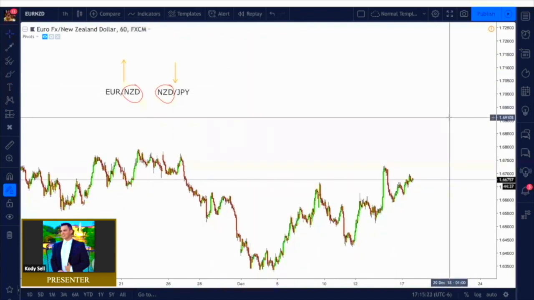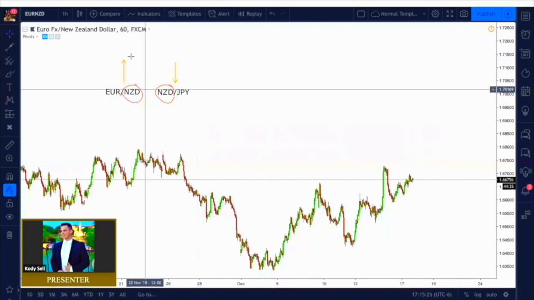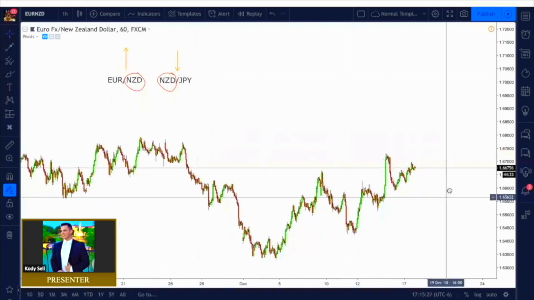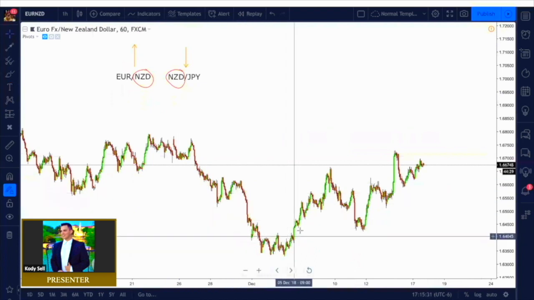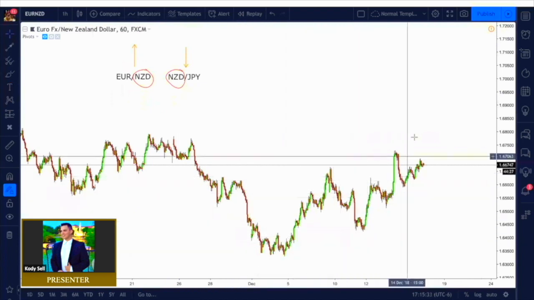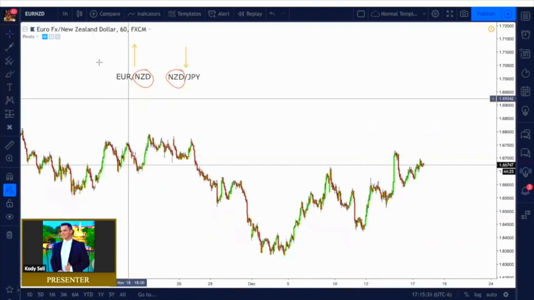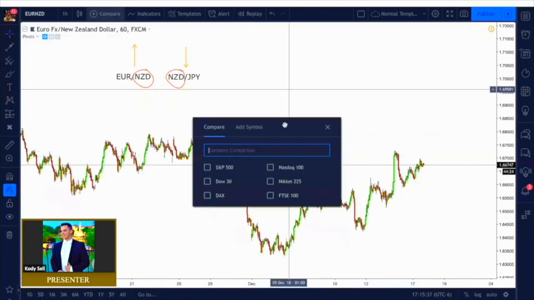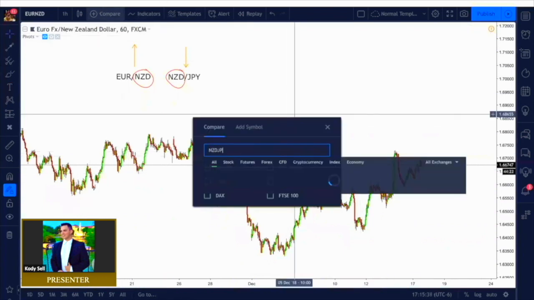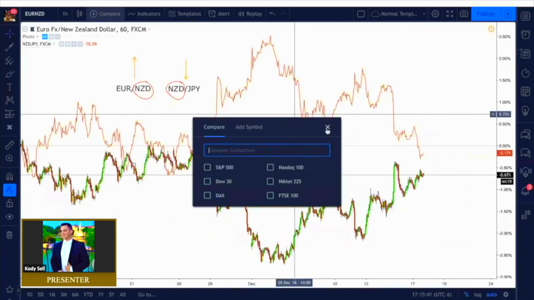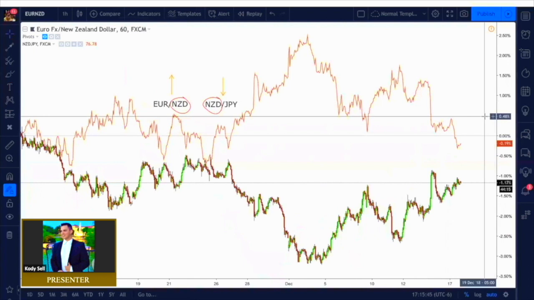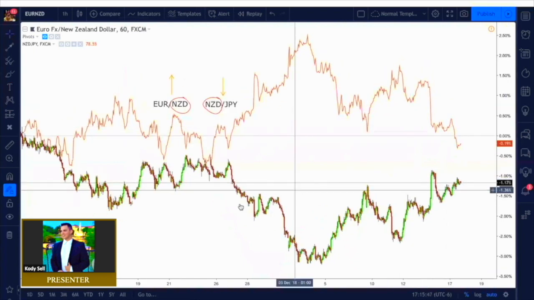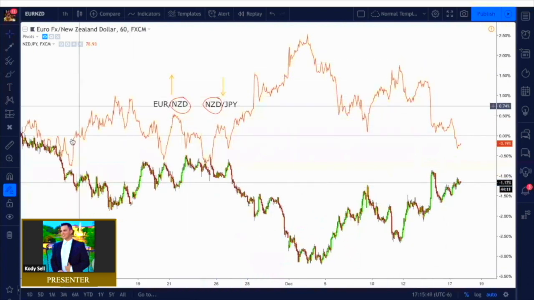With that in mind, I've got Euro New Zealand pulled up, and I want you to take a look at what we're seeing here. A large downtrend, then an uptrend, then a downtrend, overall making higher lows and higher highs. Let's compare this with New Zealand JPY. You can do this on TradingView as well and take a look yourself, but I've pulled up New Zealand JPY.